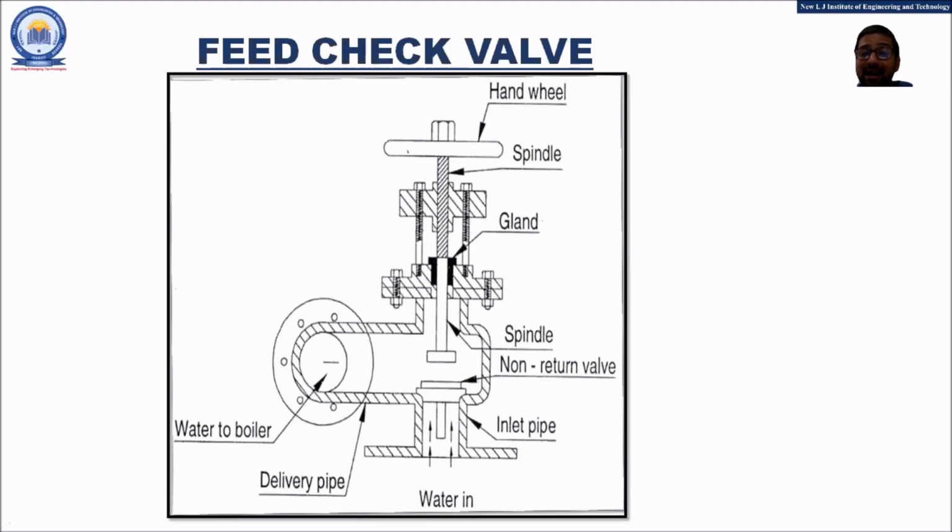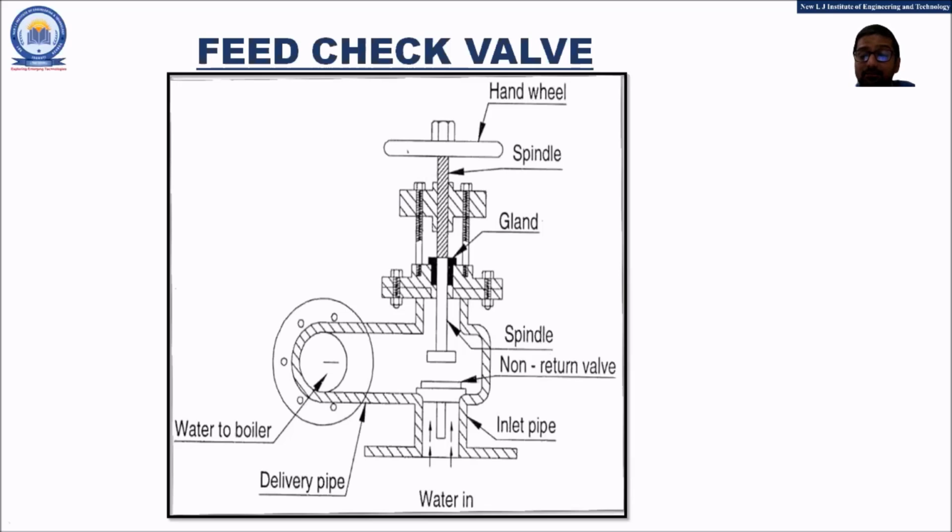In case the water must not be entered in the boiler, the boiler attendant will operate the hand wheel. The spindle will be moving in the downward direction. The spindle will be hitting the non-return valve.